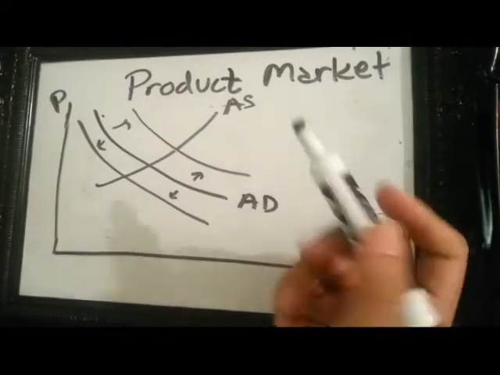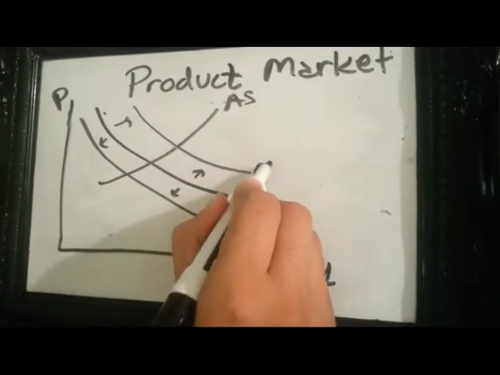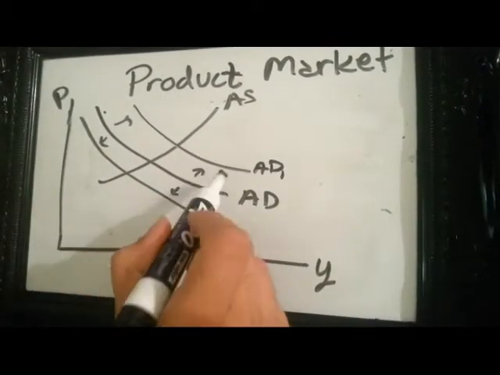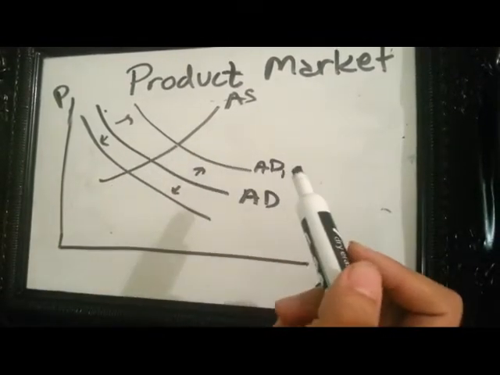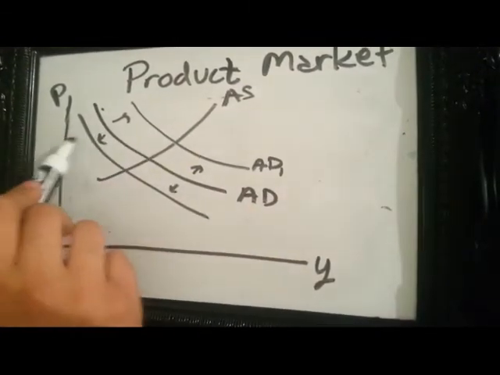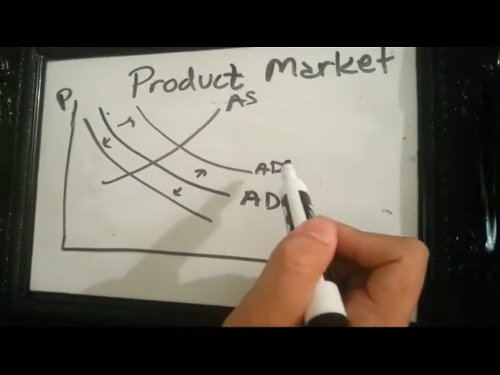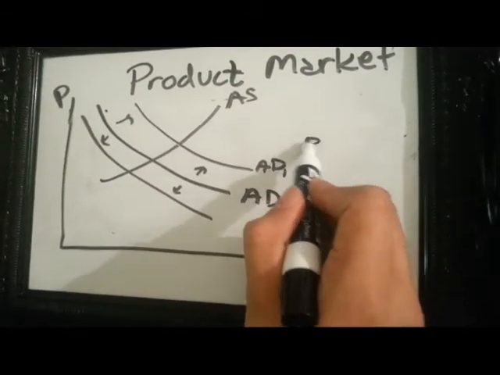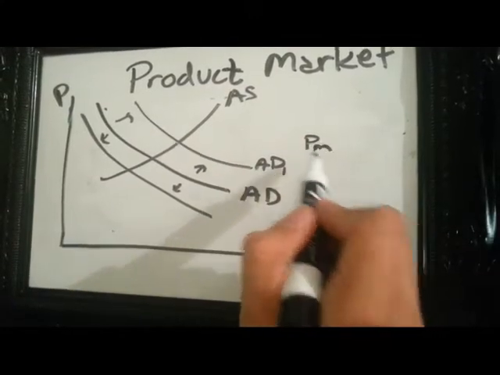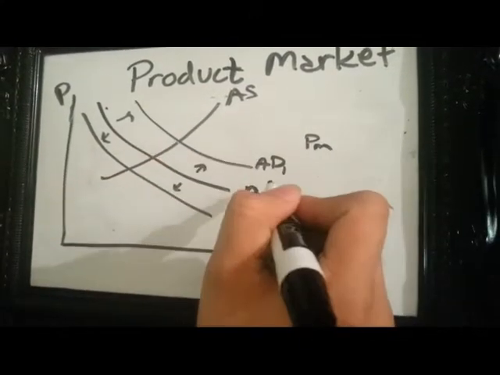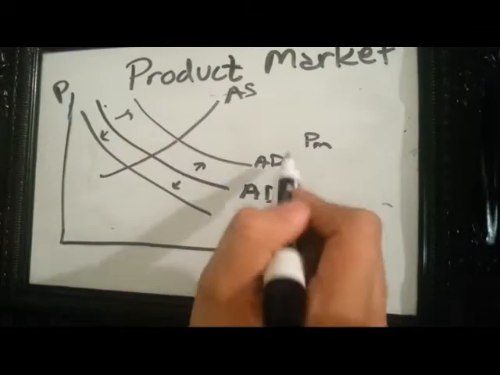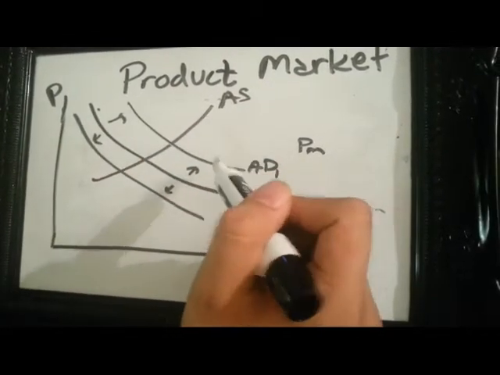That being said, if we raise aggregate demand by lowering interest rates, despite what we see occurring in the product market, the price of money, or let's draw that as price of money, will decrease because it is easier to get loans.